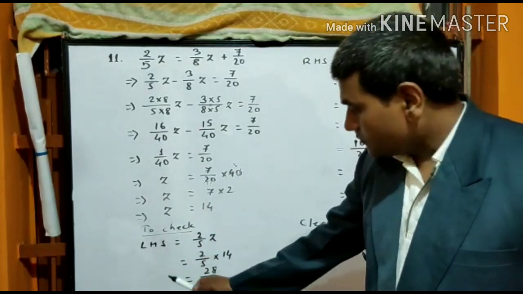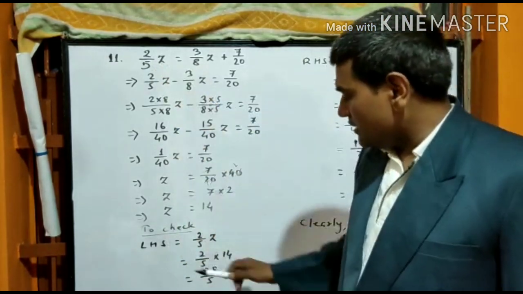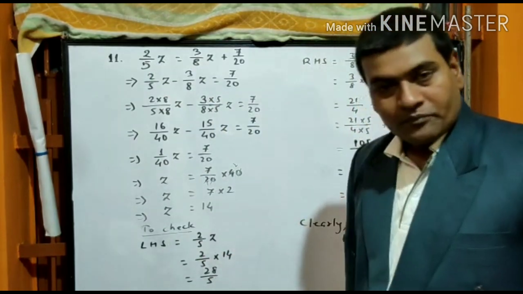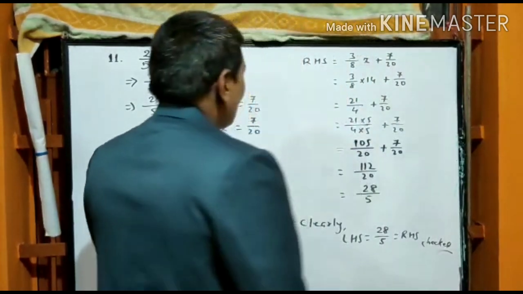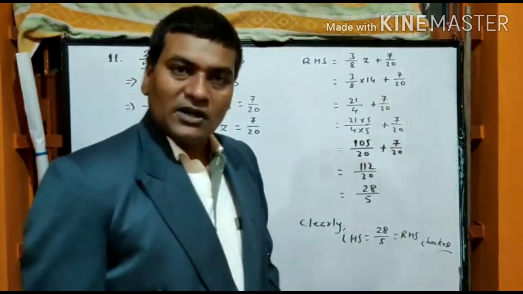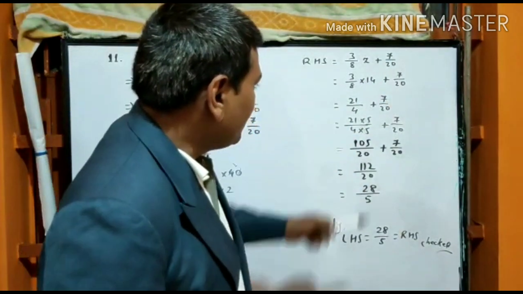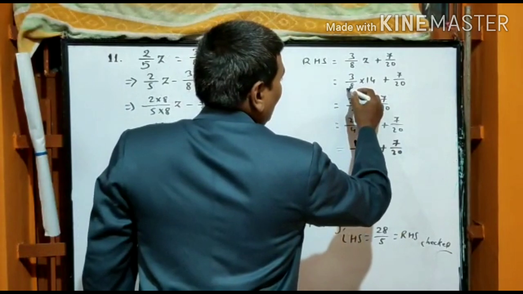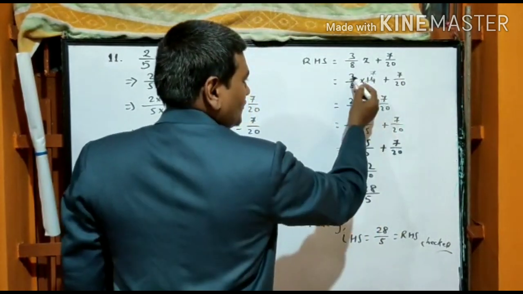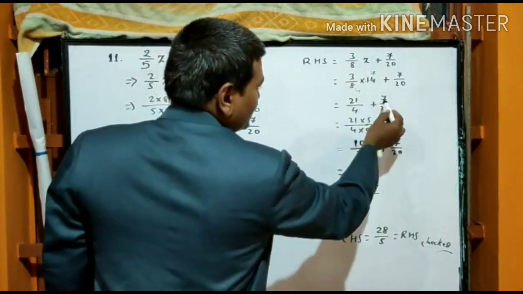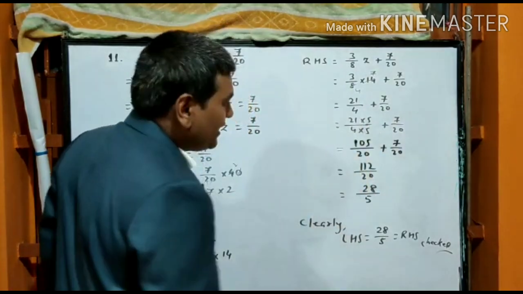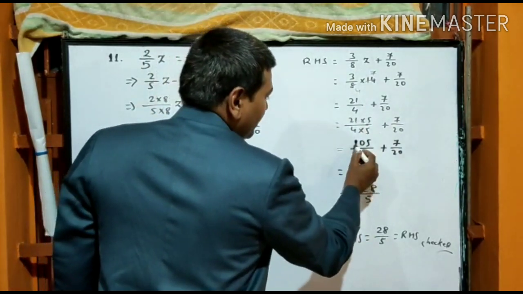Now let's check it. Left hand side is 2 by 5z. z equal 14. 2 14s are 28 by 5. Now right hand side, it is 3 by 8z plus 7 by 20. z is 14. Cancel. 2 4s are 8 and 2 7s are 14. 7 3s are 21. 21 by 4, plus 7 by 20. 4 is multiplied by 5, 21 is also multiplied by 5. 21 5s are 105.